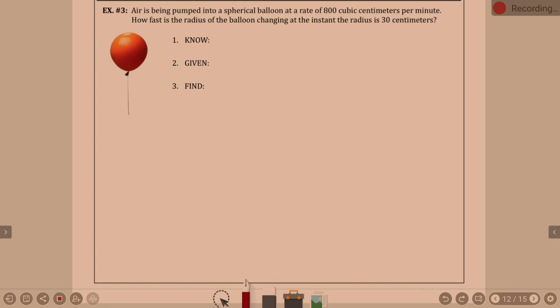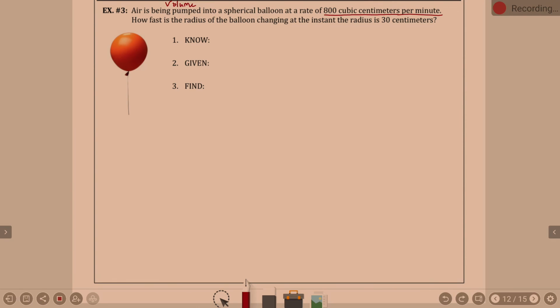Well, we know the volume of a sphere. Air being pumped into a spherical balloon means we are talking volume, yes? This says cubic centimeters. They gave us a cubic label.